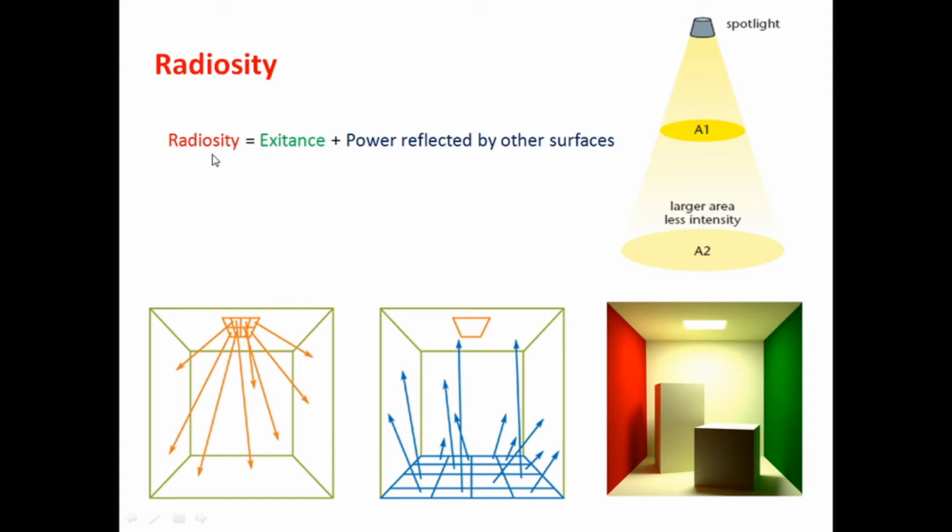The radiosity here is the sum of the excitance plus the power reflected by the other surfaces. So what is this excitance? The excitance of a surface is defined like this: it is the internally generated power radiated per unit area on the radiating surface.